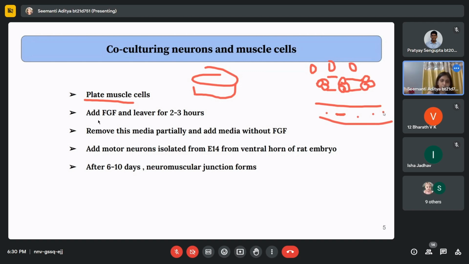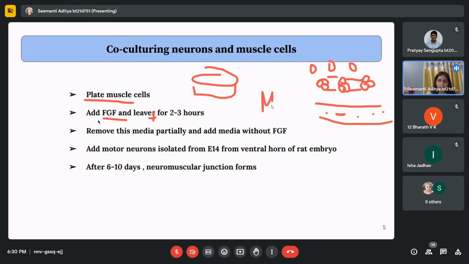So we have to add FGF and leave it for 2 to 3 hours, and this will allow the cell division and differentiation. The muscle cells will divide and differentiate, and they will form myotubes.